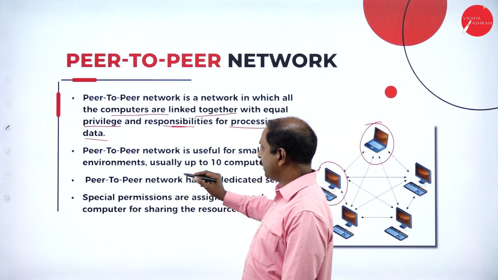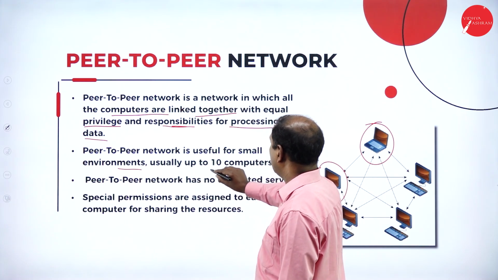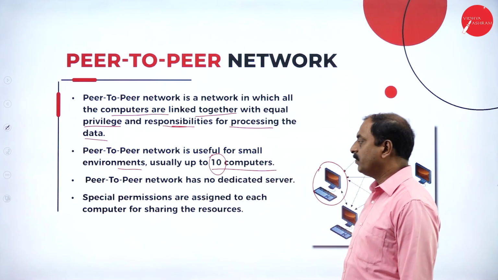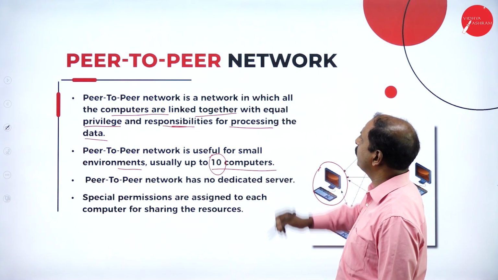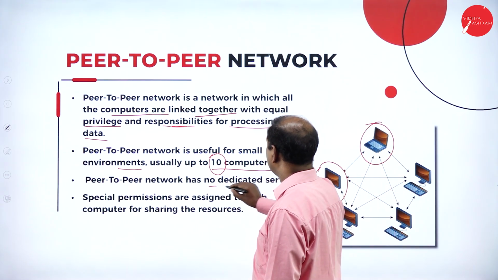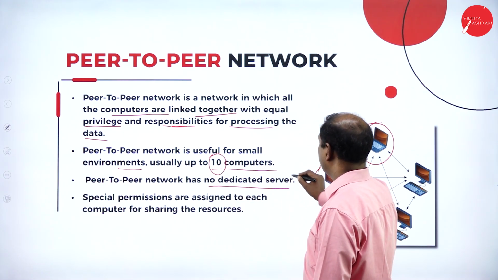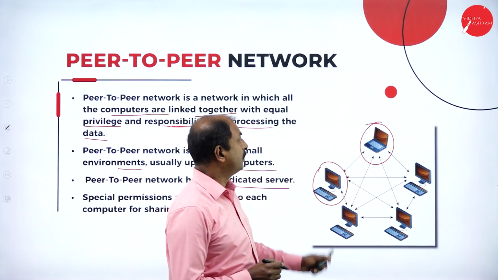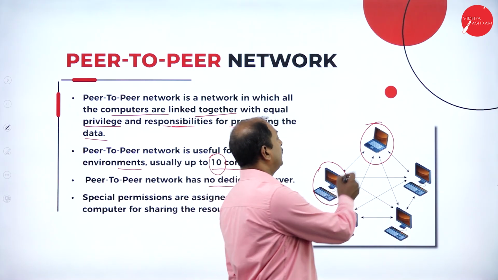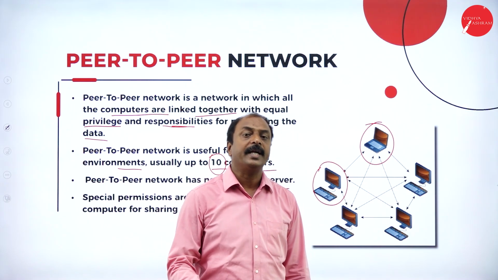So look at the next sentence here. It is useful for small environments, usually up to 10 computers. So up to 10 computers we can connect in the form of peer-to-peer networking. Here it has no dedicated server. Another feature of peer-to-peer is no dedicated server, meaning all the computers have been given equal privileges. So each and every computer can work as either a server or a client computer.